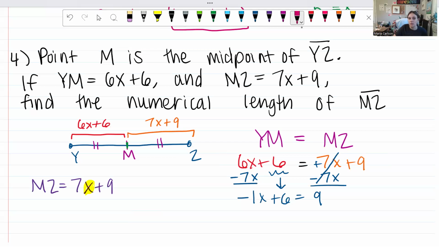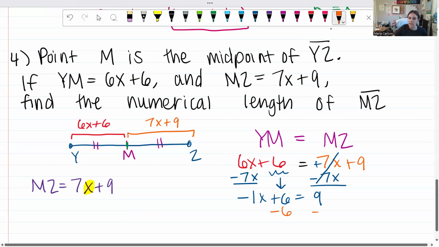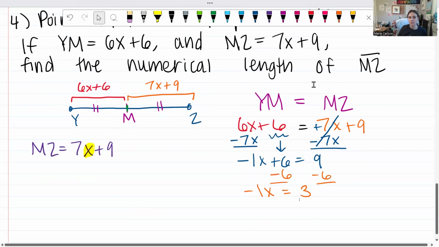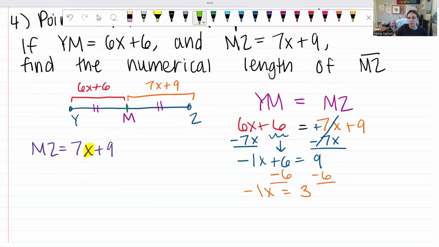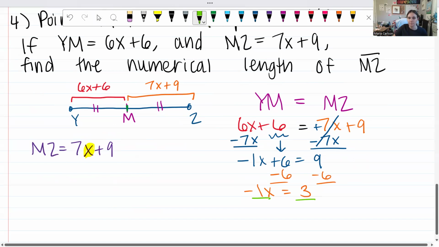Now to get x all by itself, I can subtract 6 from both sides of the equal sign. So I get negative 1x is equal to 3. Then I divide both sides by negative 1. So x here has to be negative 3.